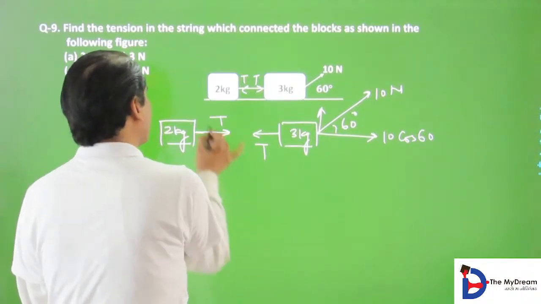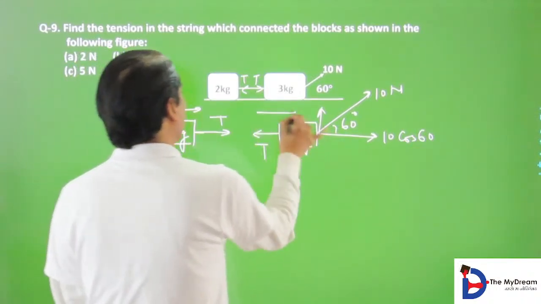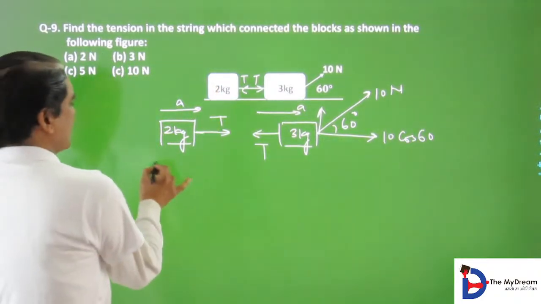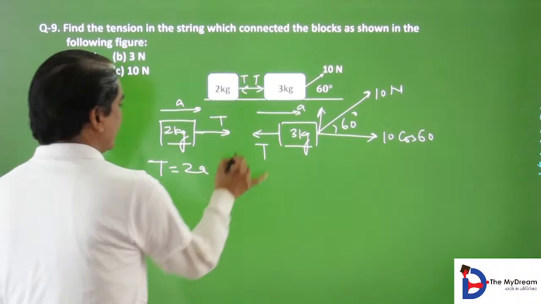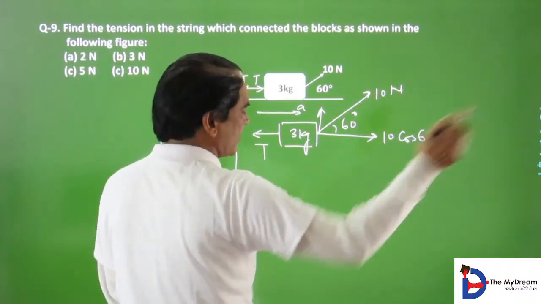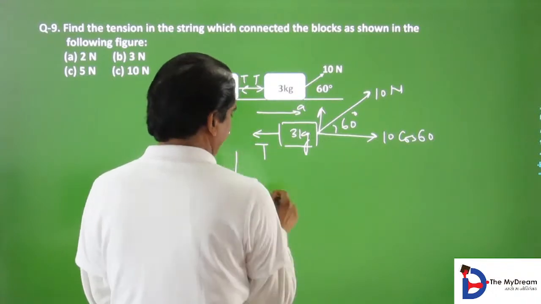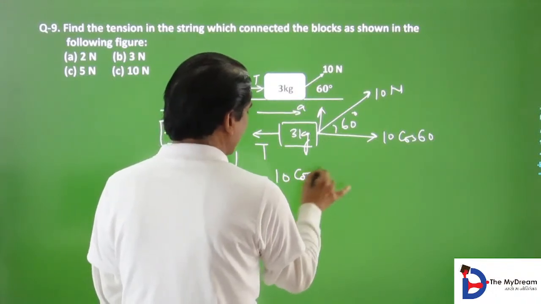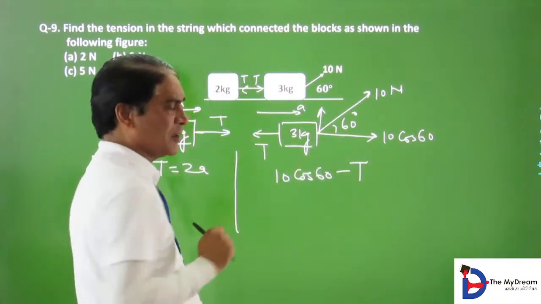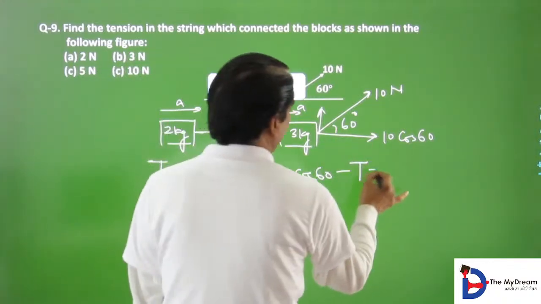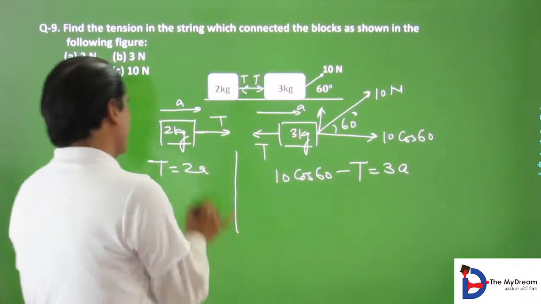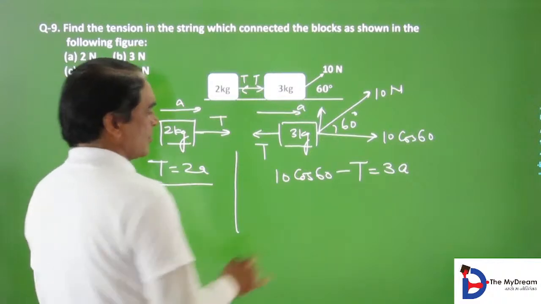The system is moving with uniform acceleration, so T equals twice A, whereas the system is moving towards the right. So 10 cos 60 minus T, this and this are anti-parallel to each other, and you will get thrice A. The value of T is twice A.